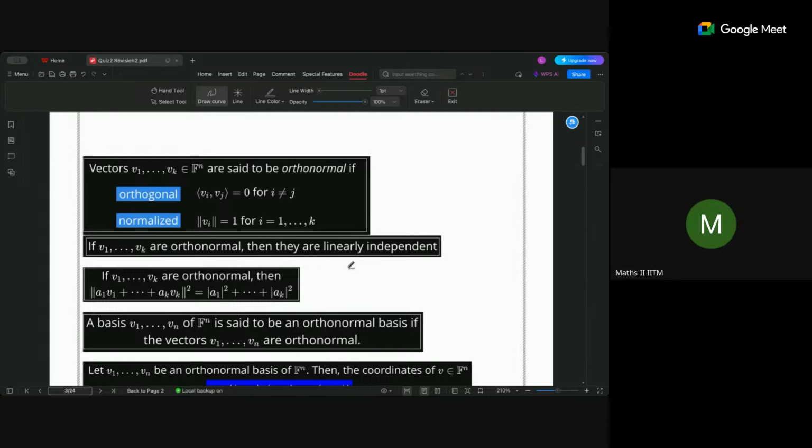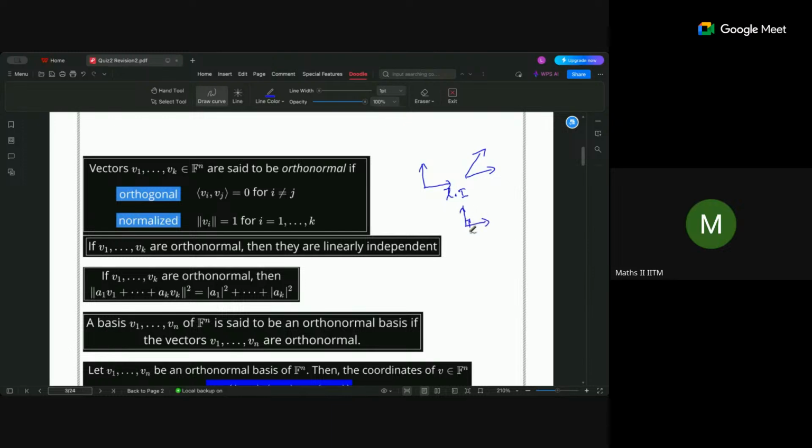How can we see this in R2? I'll just say in R2, you can visualize it and remember it for general space. See, for linear independence, do you remember I told you that if two vectors are in different directions, any different direction, then they are linearly independent. Now orthogonal means they are exactly at 90 degrees, for example in R2.